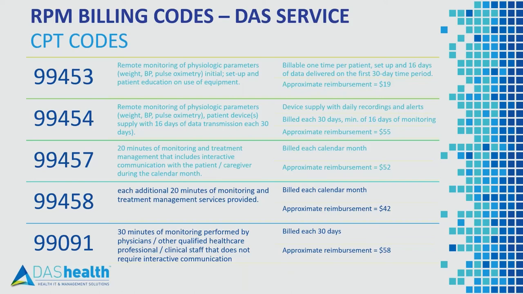We're going to let you know which CPT codes can be utilized, which diagnosis you will utilize for the CPT codes. If we go over that 20 minutes of service, we're going to let you know to bill 99457 and 99458 when billing for the care plans. We will send you a list of patients on a monthly basis that shows every single solitary CPT code that you can bill for each individual patient.